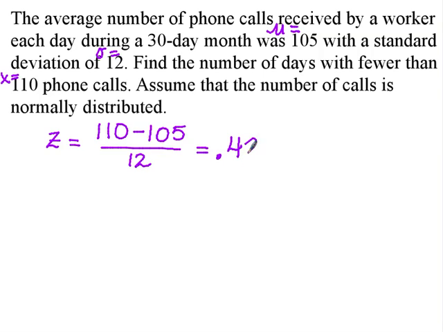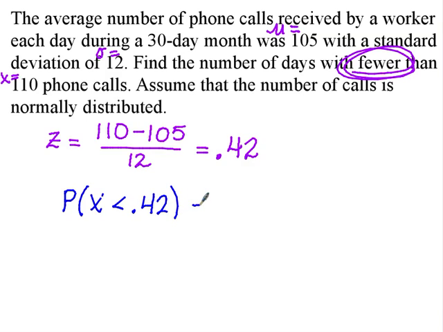So 0.42. Now this is what corresponds to 110. We want to find the number of days with fewer than 110 phone calls. So what is another symbol for fewer? Less than. So I want the probability that x is less than, and instead of putting 110, I'm going to use 0.42.